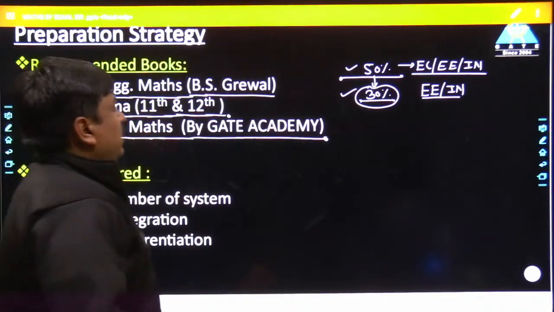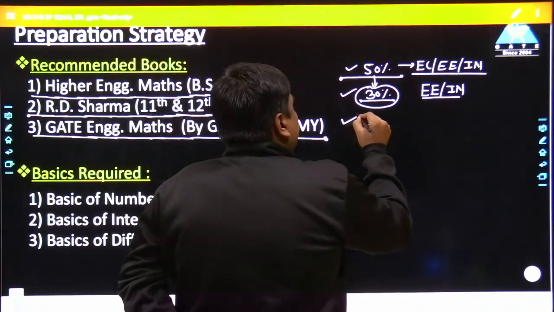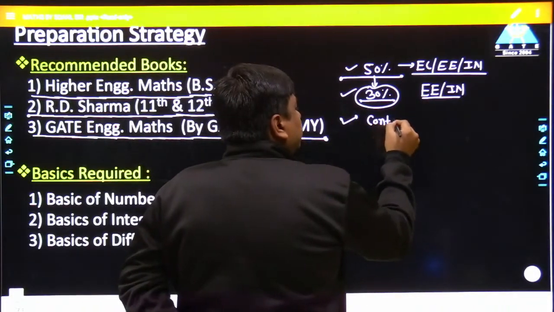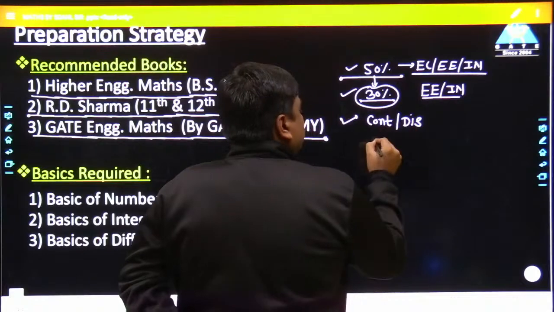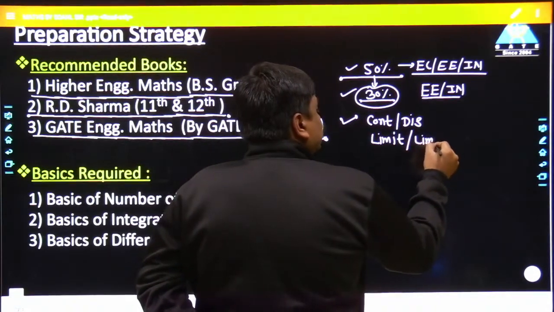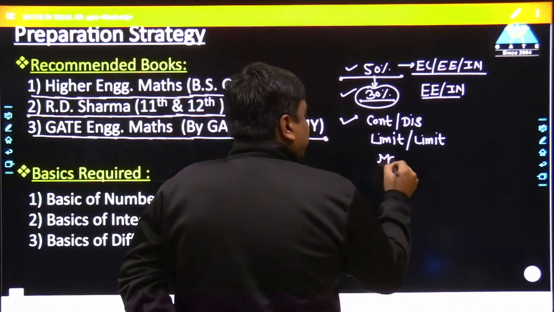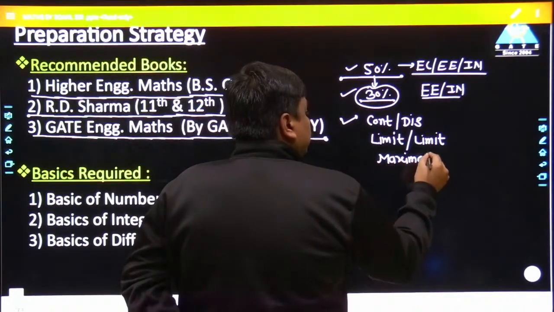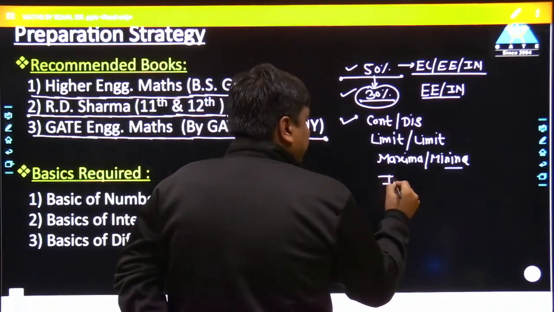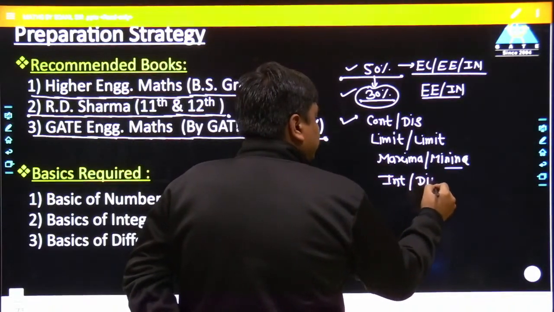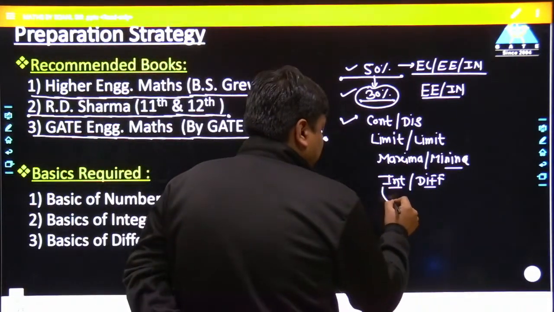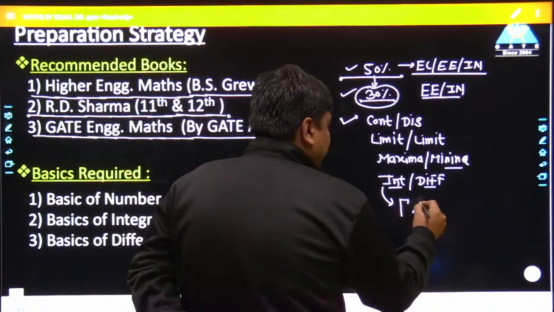My dear friends, if any doubt comes from the basic topics like continuity, discontinuity, existence of the limit or the numerical problems based on limit, maxima, minima, then the calculus related problems like integration, differentiation, different kinds of integration like gamma integration, like beta integration.